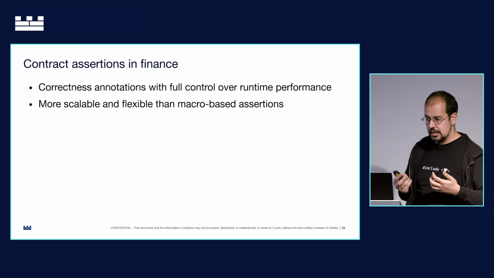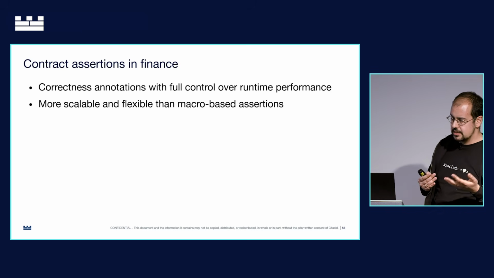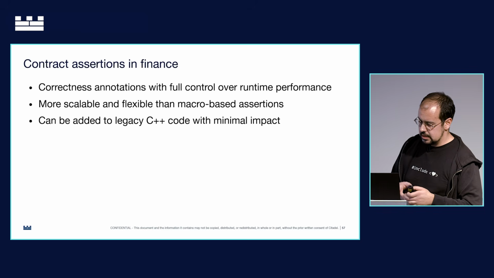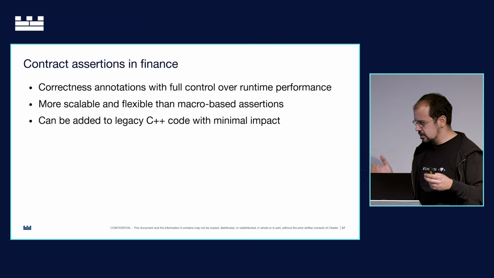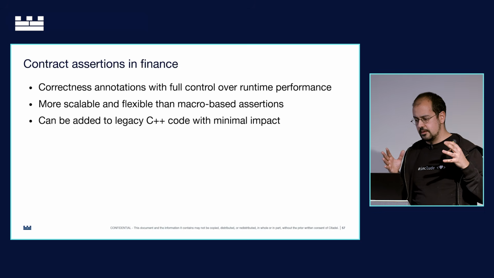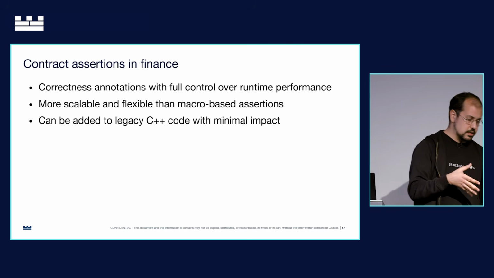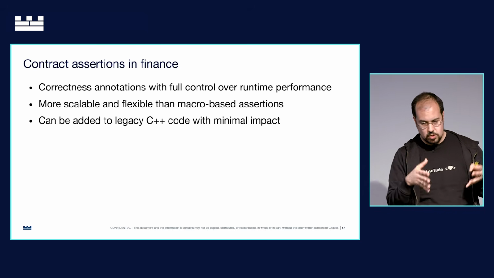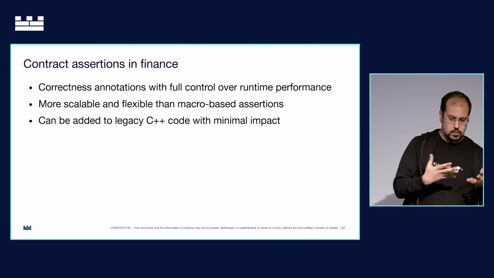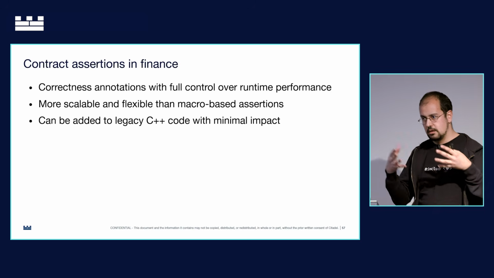The other thing, as I said, is that because we can put these things in declarations, it's really a lot more scalable and flexible than anything we can do with macros. And the other thing is that this feature has been very explicitly designed with this principle in mind: if you have an existing code base and then you add an assertion to it, then the existence or the evaluation of that assertion is not going to have any effect on a correct program.